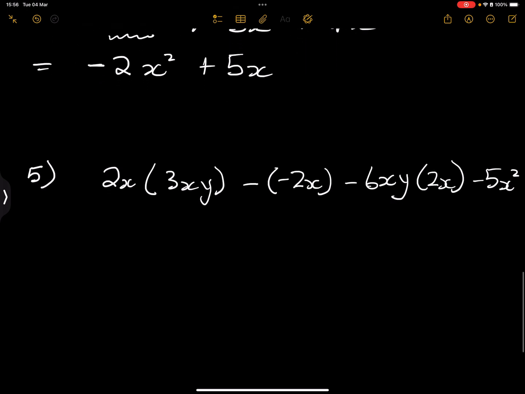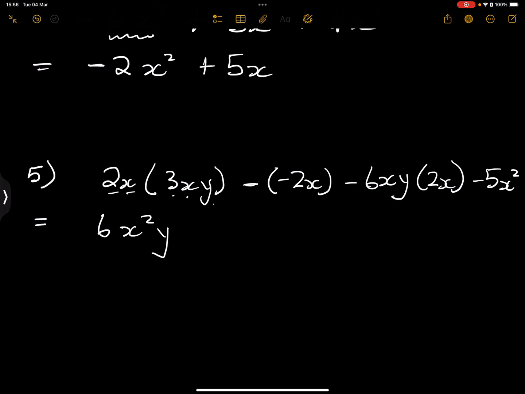And now let's look at the solution. Hopefully you paused and you were able to try and work it out on your own. So we've got 2 times 3, which gives us 6. We are multiplying the coefficients. So this is going to be x times x. This is x squared. This is multiplied by y.